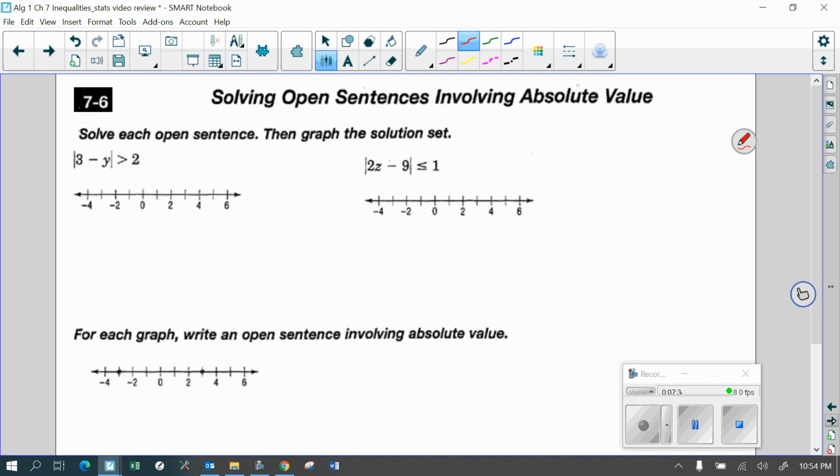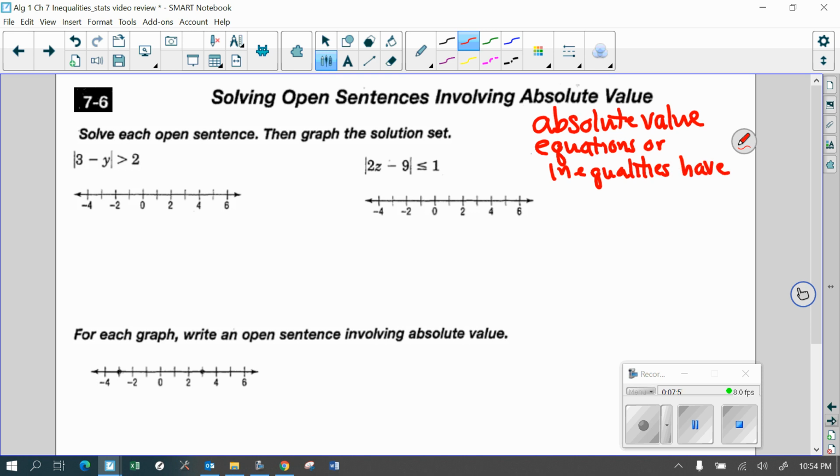Okay, solving absolute values. Absolute value equations, which means it's got the equal sign, or inequalities have two equations slash inequalities, one or the other, of course, depending on what the symbol is, to solve.